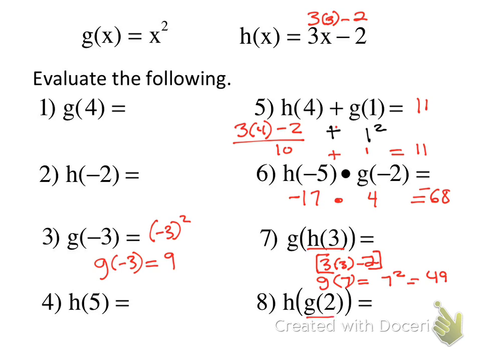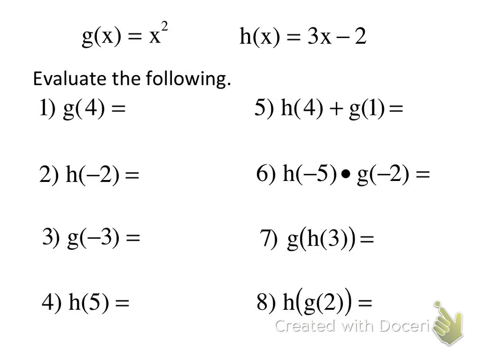Okay, who can tell me what the g of 2 is? Yes. The g of 2 is 4. And then the h of 4, who can tell me what that is? Go. Oh, the h of 4 is 10. Does that make sense? Okay, so we have so much to do and I got to get through this.